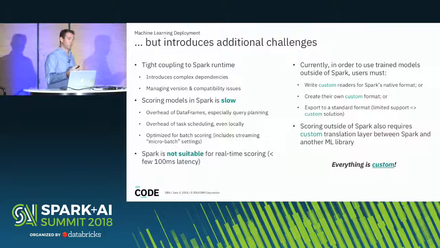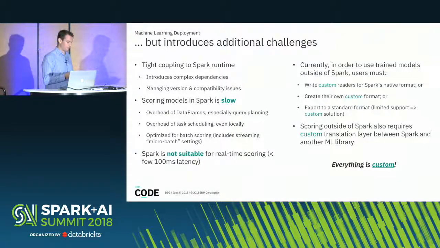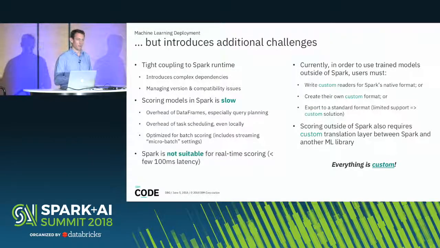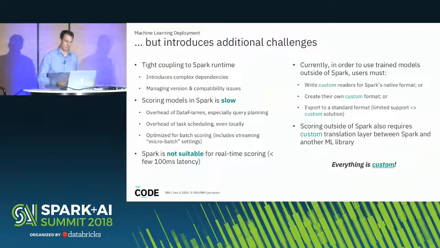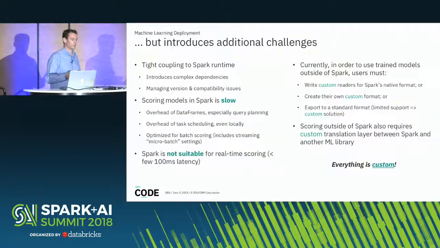And because Spark ML has a tight coupling to the Spark runtime, it introduces complex dependencies and issues with managing versions. But more importantly, because it operates on data frames and uses the Spark SQL runtime, it introduces significant overhead when scoring, particularly in the real-time scenario. So that's due to query planning, task scheduling.